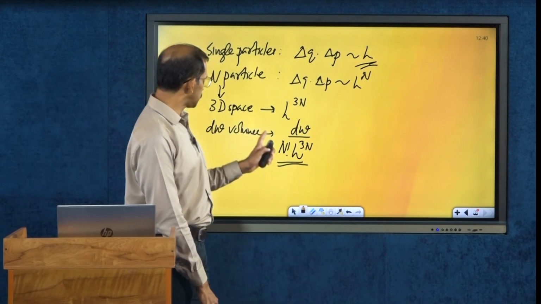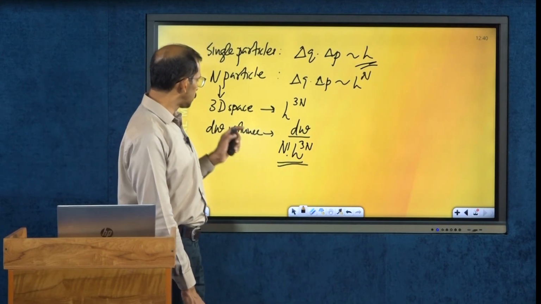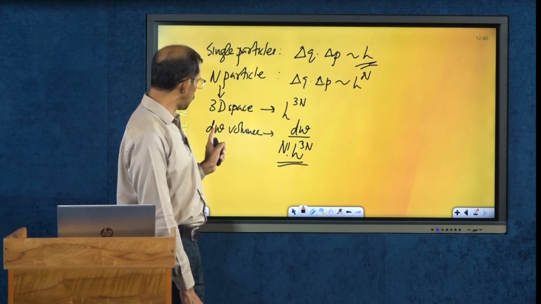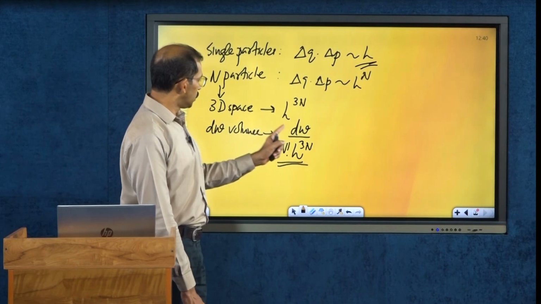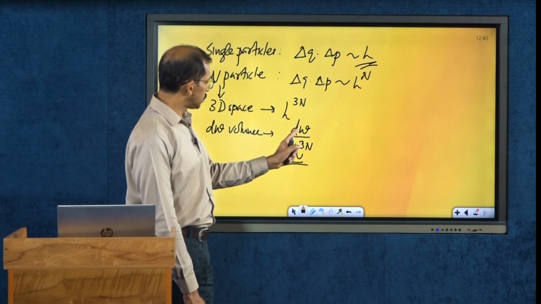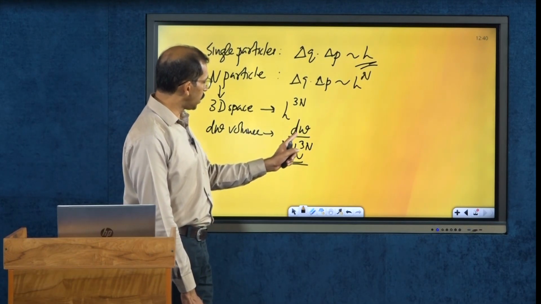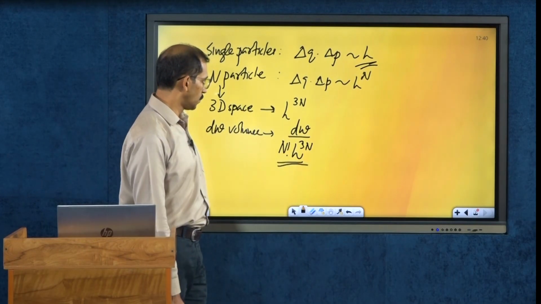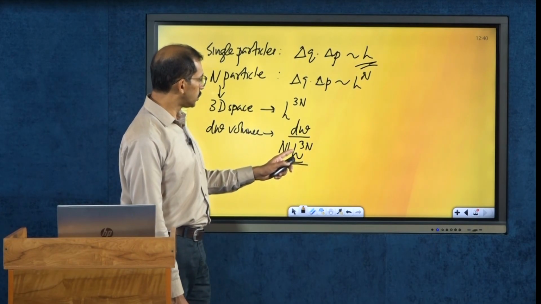So in the system in the phase space, which has a volume d omega, the number of microstates will be given by d omega by N factorial h raised to 3N. That is how we got this number.